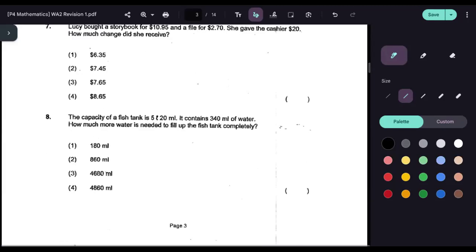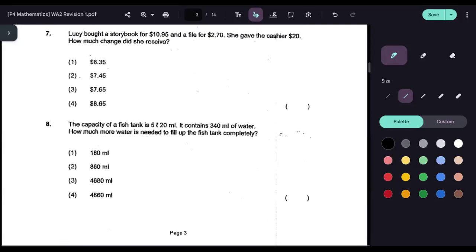That's it. Okay, next. Lucy bought a storybook for $10.95 and a file for $2.70. She gave the cashier $20. How much change did she receive? Okay, for this one will be 20 minus 10.95 minus 2.70. And because I am not primary 4, I'm going to use a calculator.